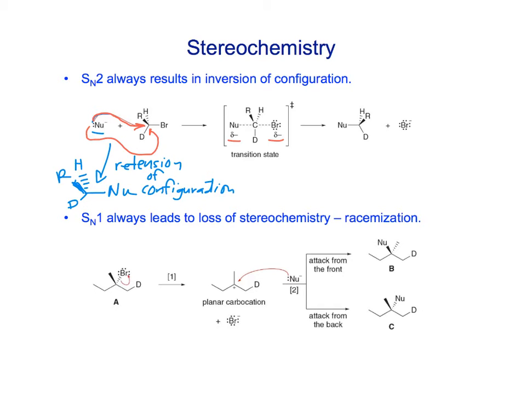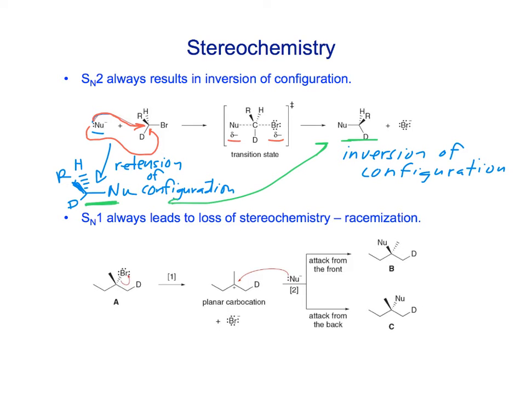So this mode would include the inversion of configuration. The configuration is just whether it's R or S. Notice that this product here and this product here, what's the relationship between these two? Okay, these two are in fact enantiomers.